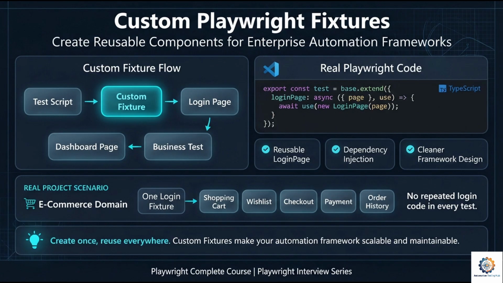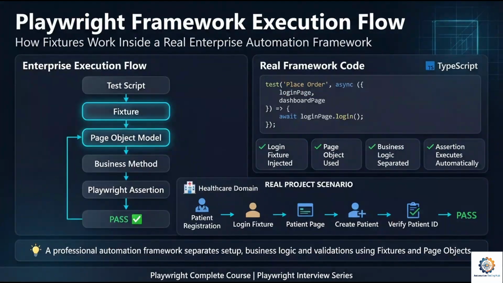Now every test automatically receives the login page object without creating it again. Think about an e-commerce application. One login can be reused across cart, wishlist, checkout, and payment, making the framework more scalable and much easier to maintain.